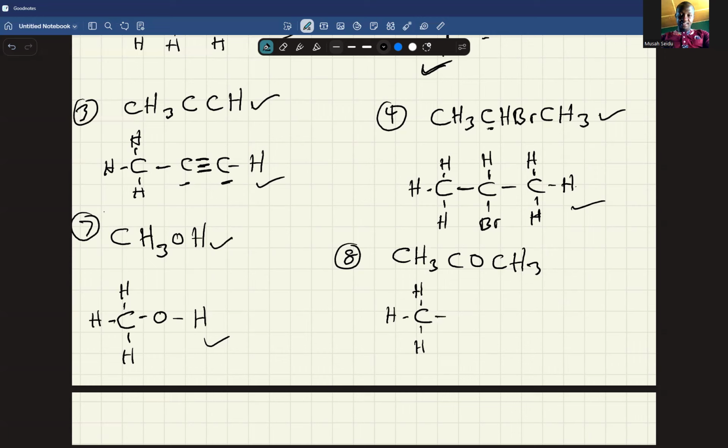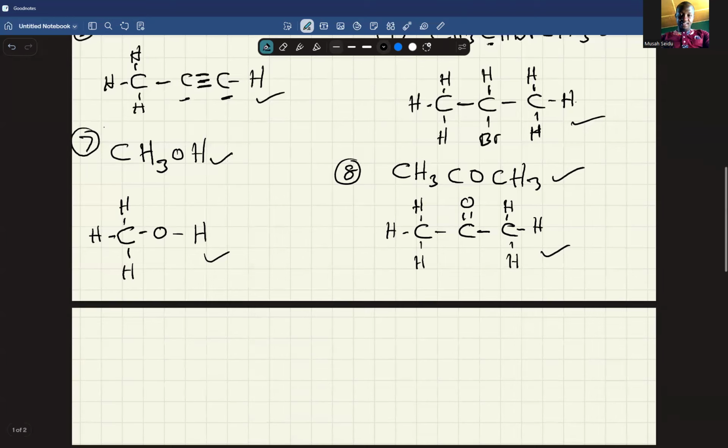On the right, it's bonded to C, but that C is bonded to O. And whenever it's bonded to only one O, it is a double bond because O doesn't form a single bond. It only forms a single bond when it is with hydrogen. Okay, so now on the right, we have another C, which has 3 hydrogen surrounding it. So the structural formula of this is that.